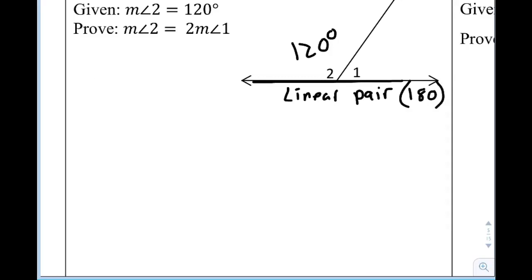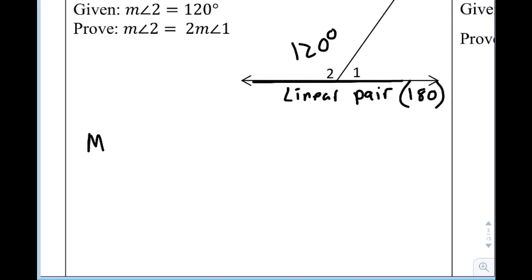What we need to show is that the measure of angle 2, that measure of 120, is 2 times as big as the measure of angle 1. So I think I better find the measure of angle 1 and then decide, if I double it, will I get the measure of angle 2? So let's set this up. First off, we always want to put our given.